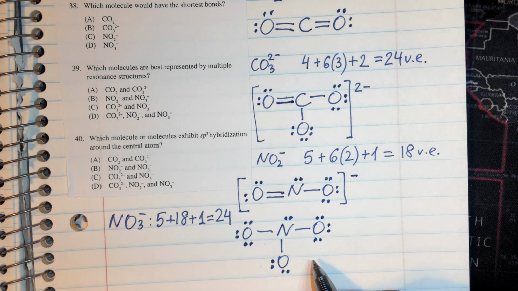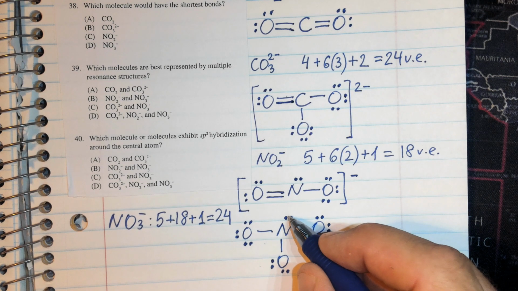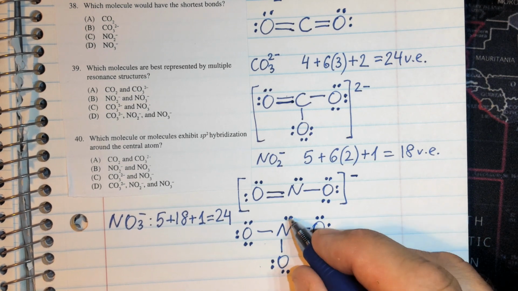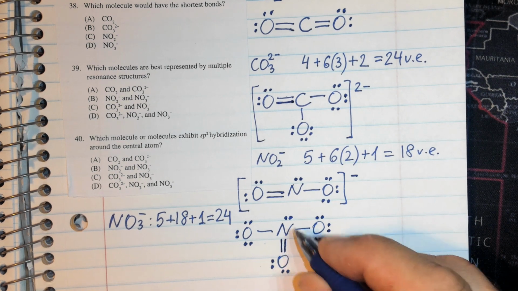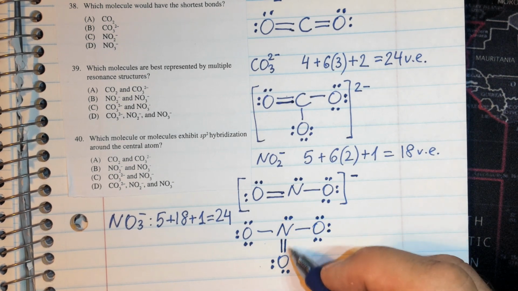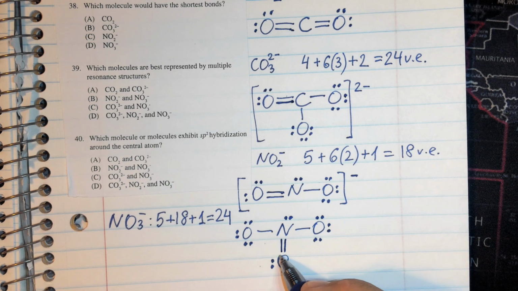So what I'm going to do is move this lone pair. I'm going to make a bond out of it. Yes, this is allowed. A lone or unshared pair can make a bond with an element which has an empty available orbital, like this oxygen. And now I have to erase this pair.